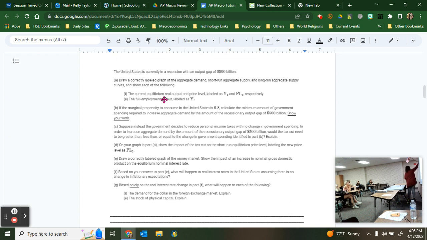Okay, because the spending multiplier yields a bigger impact on GDP than the tax multiplier, the change in taxes that you need will be bigger or greater than the spending change.